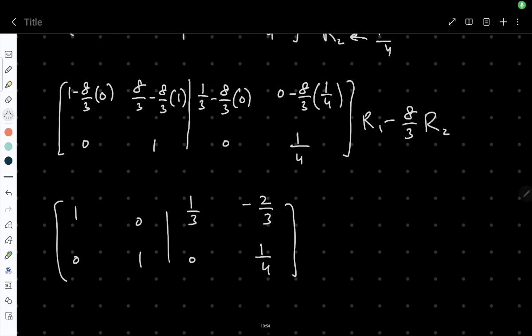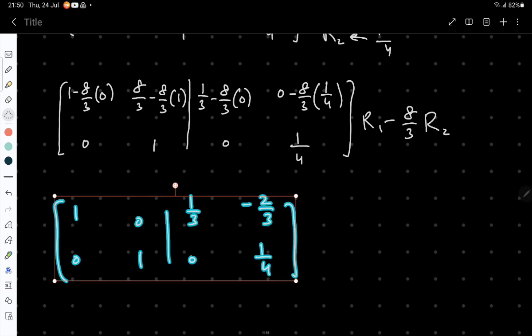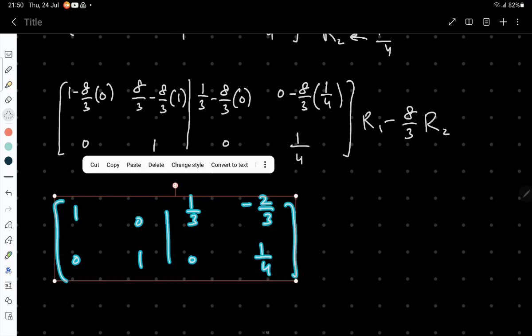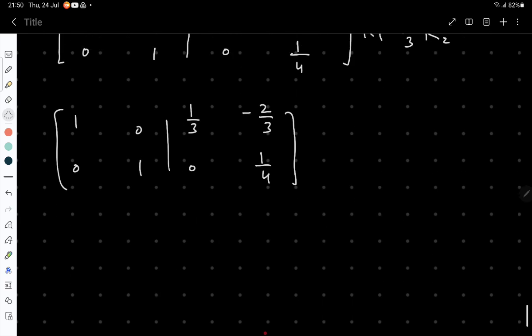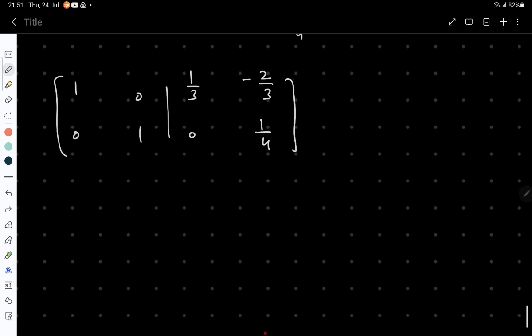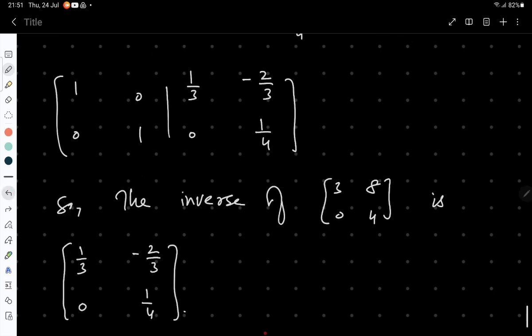So after simplification, I got this result, and here you can check that here you have an identity matrix and here you have something else, and this something is the inverse of the matrix which we had considered at the start.